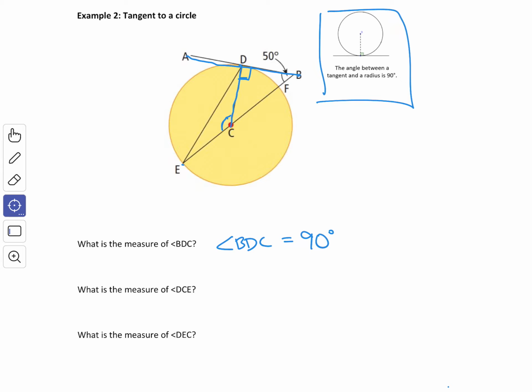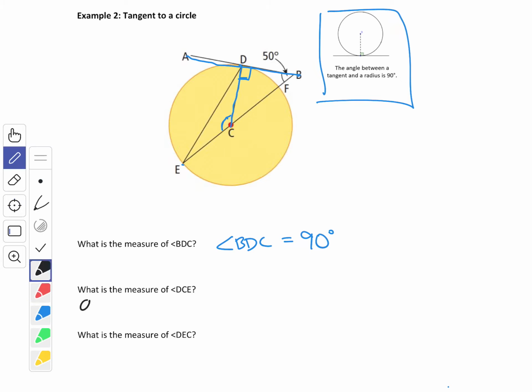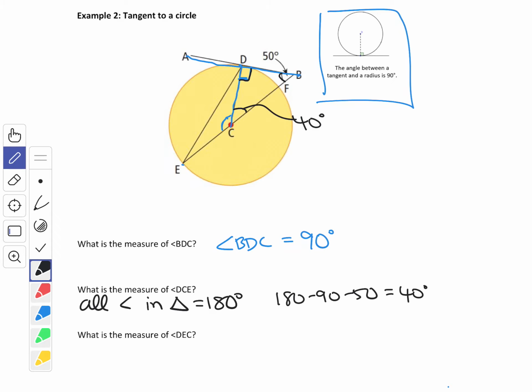Looking at this triangle right here, we know that all angles in a triangle add up to 180 degrees. We already know that two of the angles, this one is 90, this one is 50. So from 180, we take away 90, take away 50: 180 minus 90 is 90, minus 50 is 40. 40 is remaining.